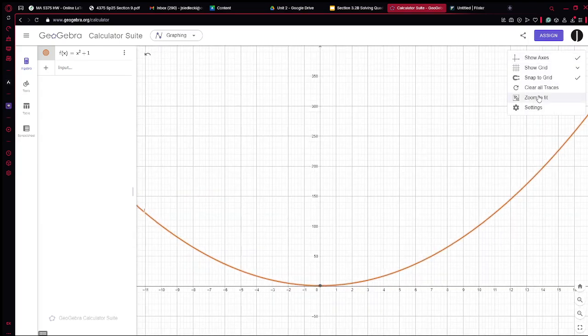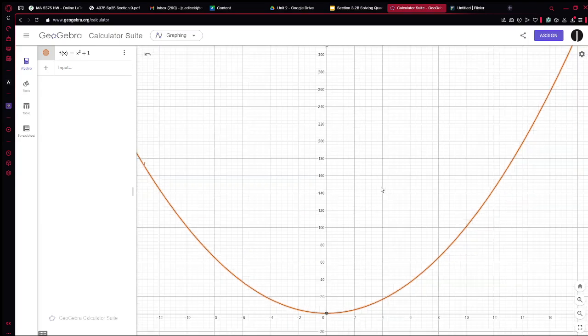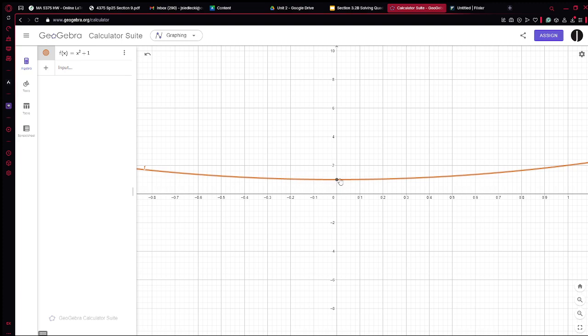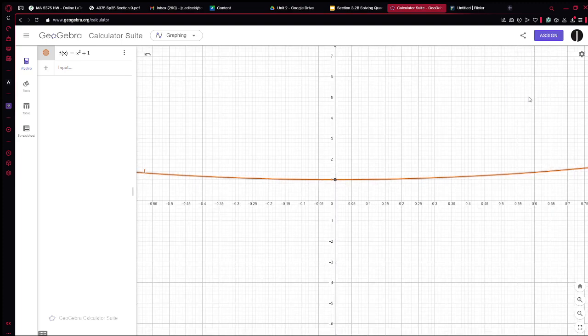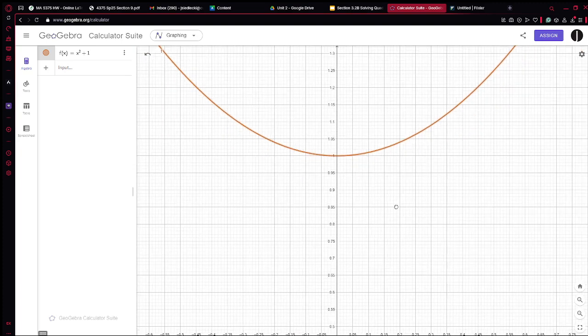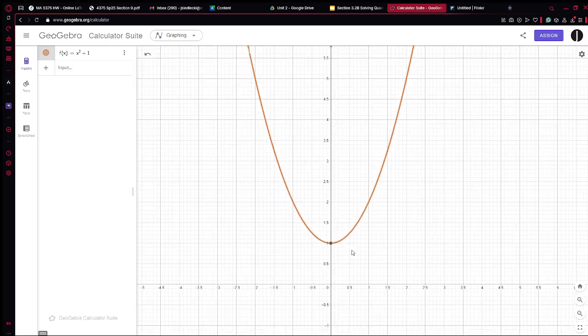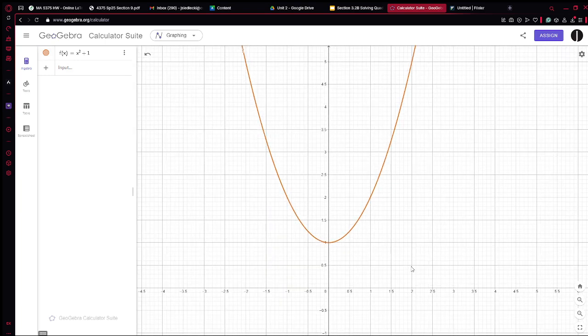Let me zoom to fit again, and let me hone right in on this vertex and then do it one last time. Okay, so now we can see this graph on our XY plane. Right, here it is. We can see that it doesn't cross the x-intercept. Well, if this function doesn't cross the x-intercept, what can we say about solutions to this function?